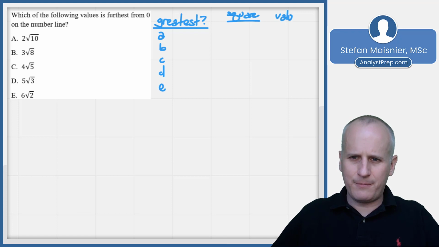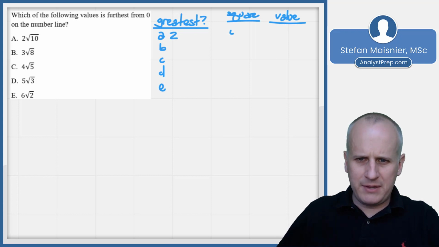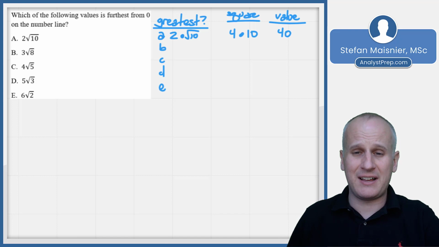And then the value once it's squared. So if we were to square 2, that would be 4. And if we square the square root of 10, that's going to be just 10. So now our value is going to be 40. I don't know whether that's bigger or smaller yet. I've got to compare everything else, but right now, that's a starting point.